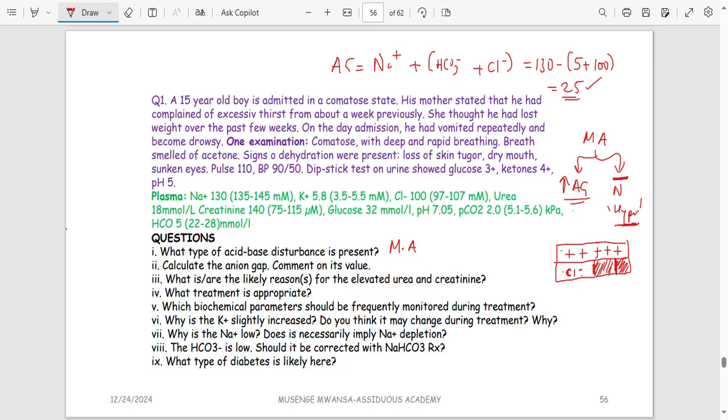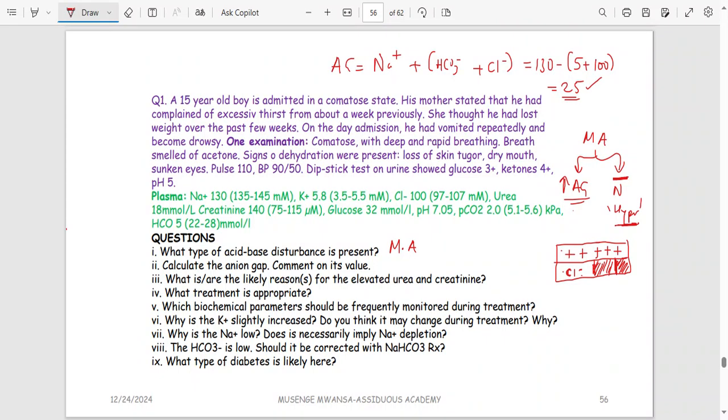Anyone that wants to help there? Why is there elevated urea and creatinine? Okay, so urea can accumulate because remember this is diabetes, right? The body is thinking there is not enough glucose.